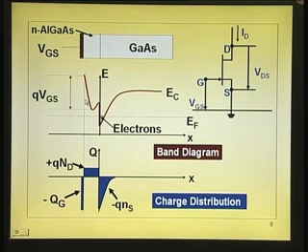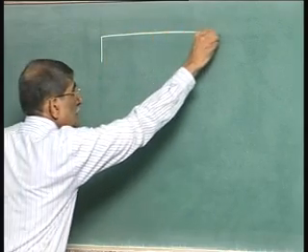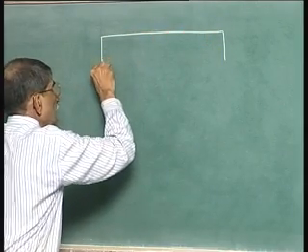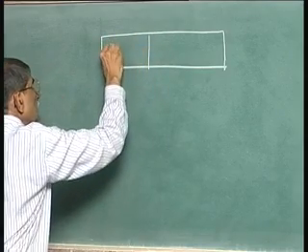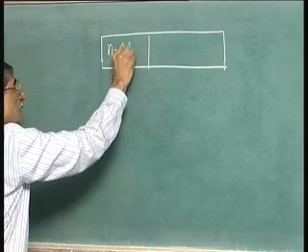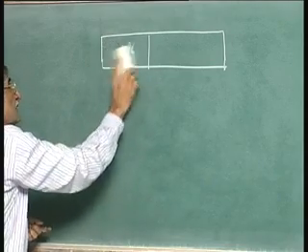Okay. Now, I will just go to this board and see how that is possible. If I take the N aluminum gallium arsenide, okay, let me just put it outside.